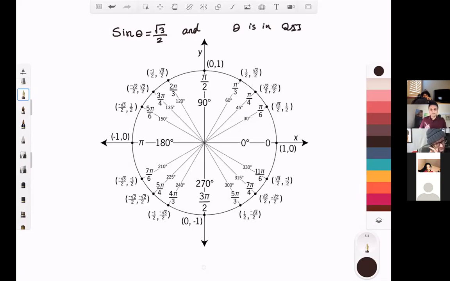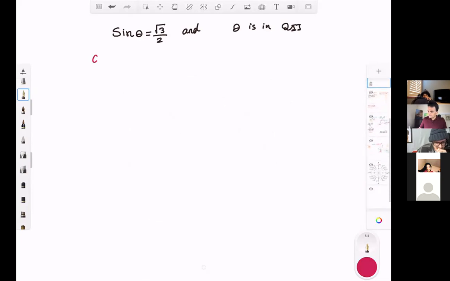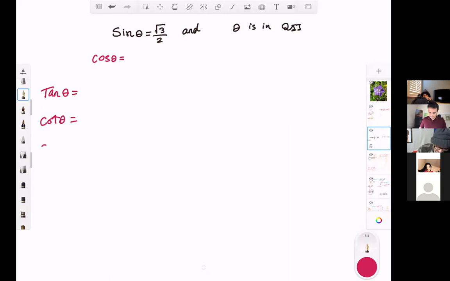They ask us to find the remaining trigonometric functions. Find cosine of theta, then we have tangent of theta, cotangent of theta, secant of theta, and cosecant of theta. So we get six in total.